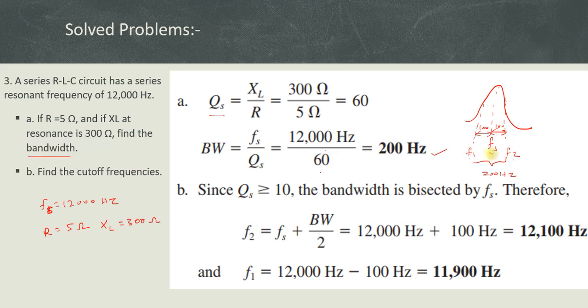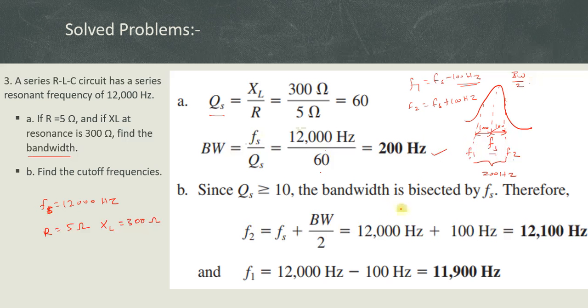I know the value of Fs, Fs is 12,000 Hz, so F1 equal to Fs minus 100 Hz, and F2 is equal to Fs plus 100 Hz. Here 100 Hz is nothing but my bandwidth divided by 2. Like that only they give the formula for F1 and F2.